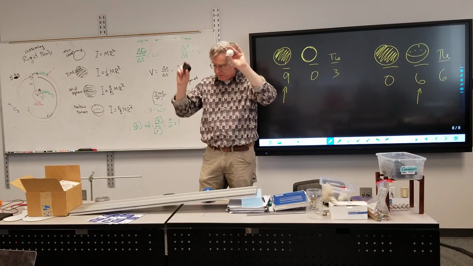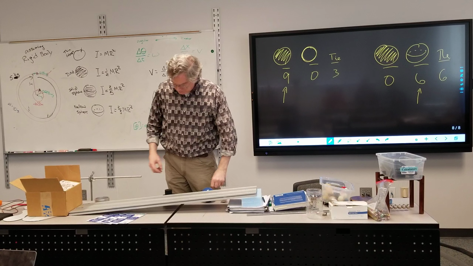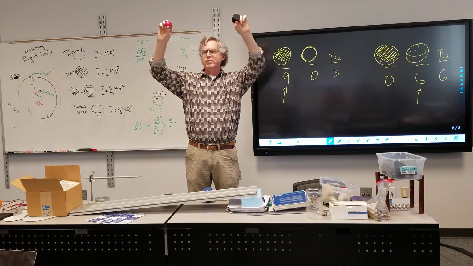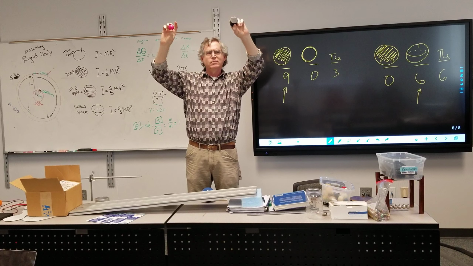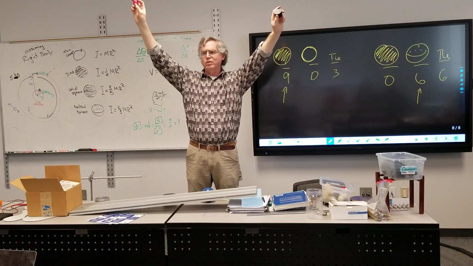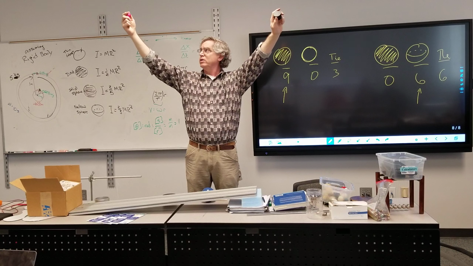Well, solid ball should win that race. What about disc and hollow ball? We haven't done that combination. Disc and hollow ball. I think the disc. There's a couple people voting for that. Anyone in favor of the hollow ball? They still don't believe in you.